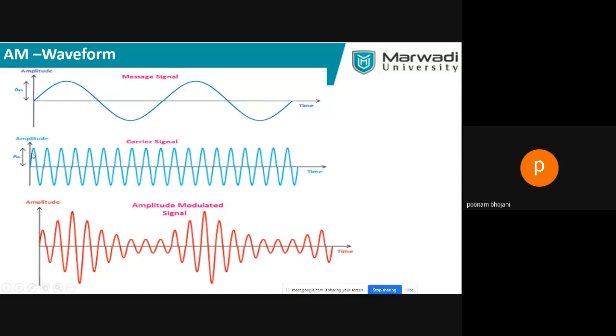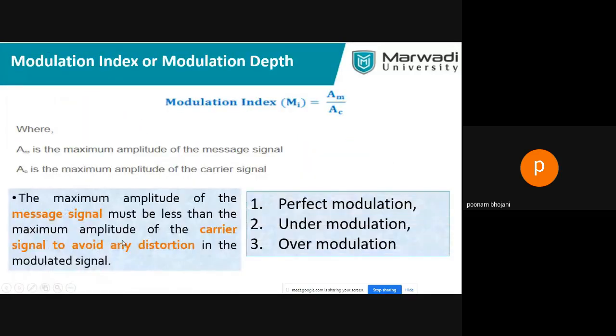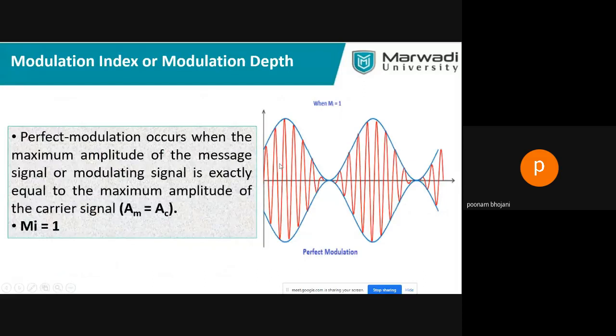If both are equal, the minimum amplitude AC minus AM will be 0. So your signal will touch the 0 line as shown in this graph. This is the maximum amplitude AC plus AM, and this is the minimum amplitude AC minus AM, which is 0 in this case because M equals 1.